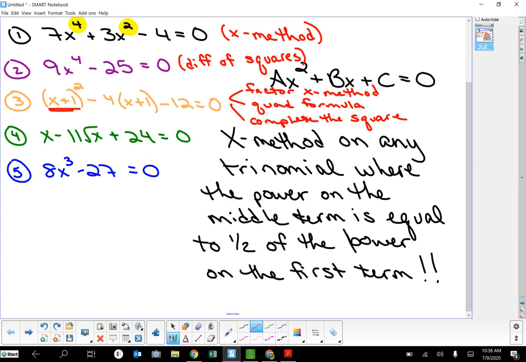Number 4 is kind of wacky, but because we already did rational exponents, let's see if you can follow where I'm going to go with number 4. I have x minus a radical.